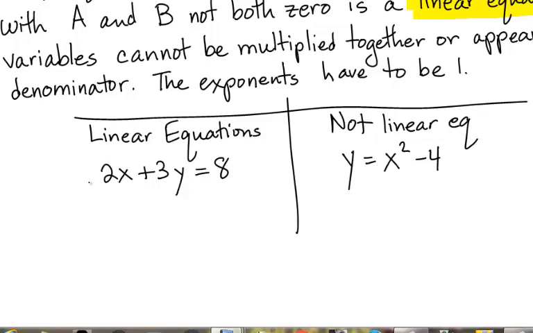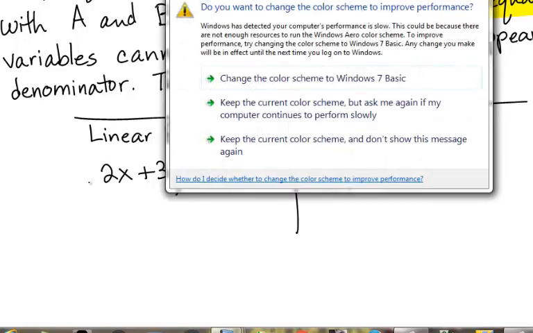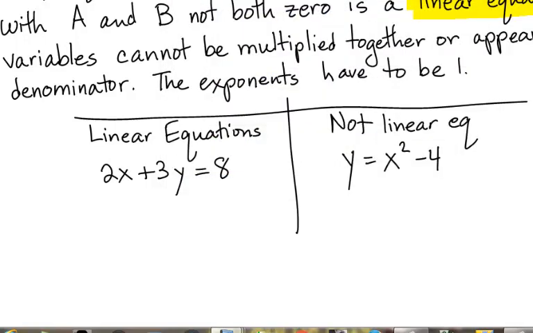Down the road you'll see it's definitely not a line. So you have to pay attention. Your clues are going to come in your exponents, and we will get into those again.